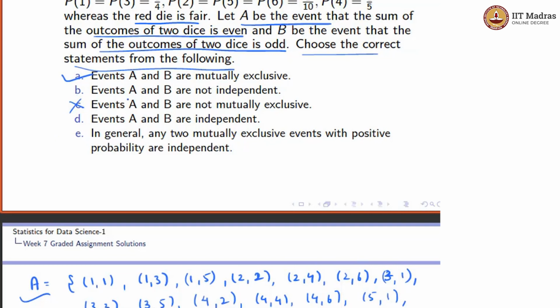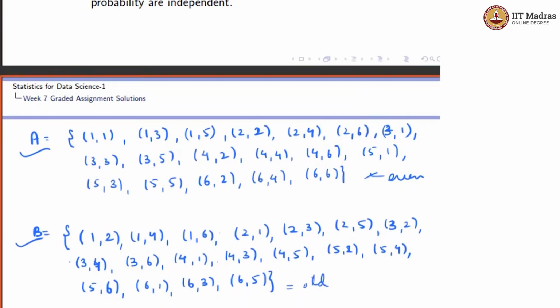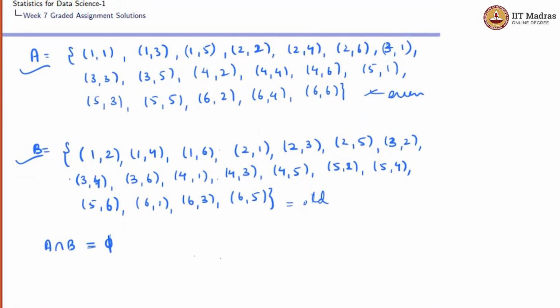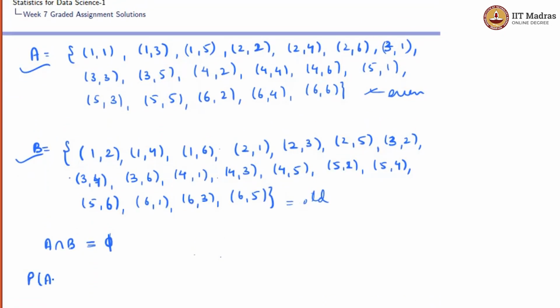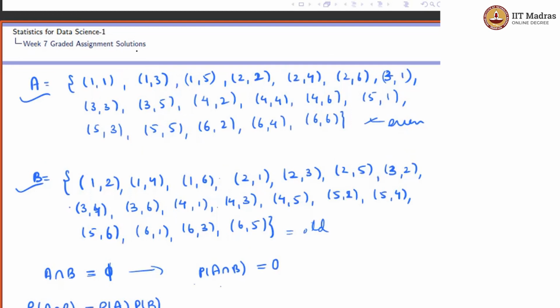Okay, option number B, events A and B are not independent. Now we have to check the independence of these two events. So what is the criteria for checking the independence of two events? We check whether probability of A intersection B is equal to probability of A into probability of B or not. As we can see, if A intersection B is phi, then probability of A intersection B is going to be 0. Now we have to find out probability of A into probability of B. As one of the dice is biased and the other is unbiased, the probability will differ for each outcome of the die.